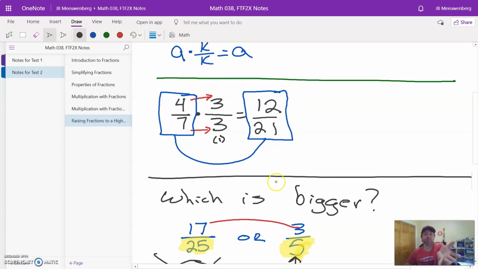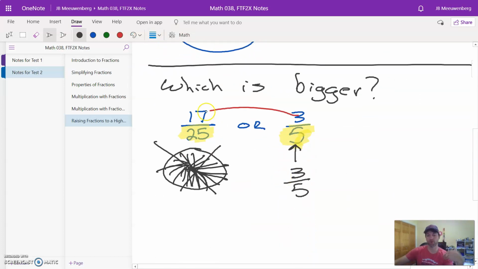I want to multiply 3/5 by some number on top and bottom. Well, if I multiply both of them by 5, multiply 3/5 by 5/5, it still has the same value as 3/5. It just uses different numbers. 3 times 5 is 15 25ths.